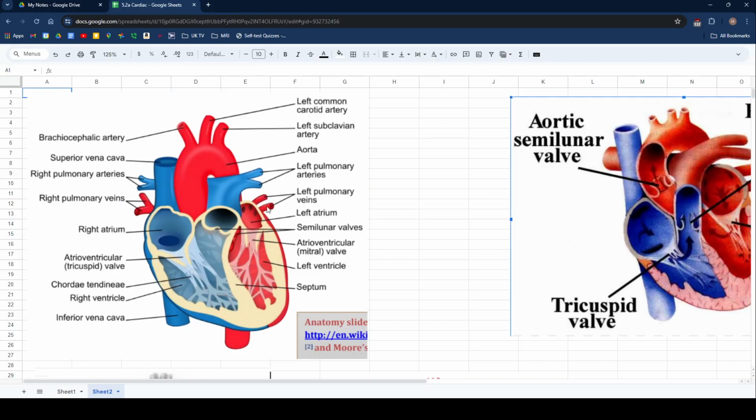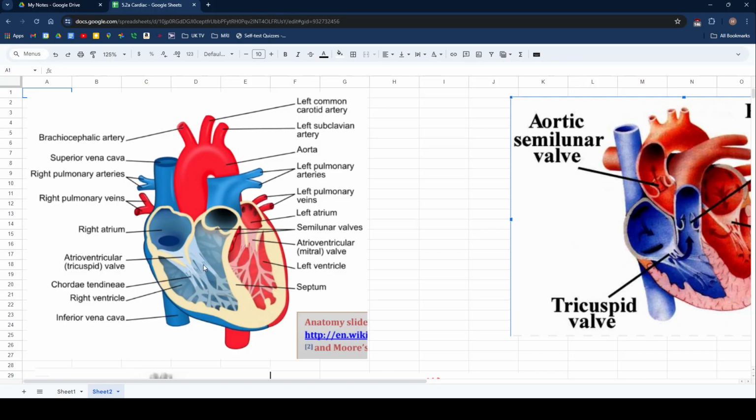So just some heart anatomy here. The right atrium gets blood from the superior and inferior vena cava, goes through the tricuspid or atrioventricular valve, chordae tendineae.